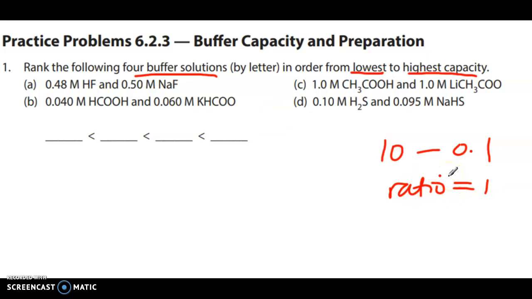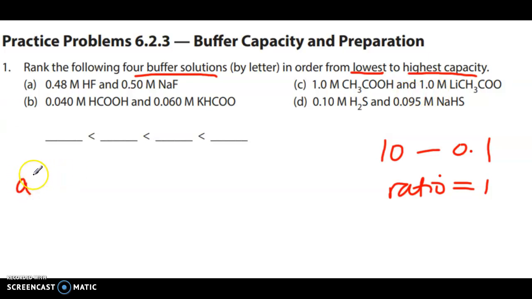In a perfect scenario, the best buffer you can have is when you have equal quantities of the reactant and product, so your acid and your base value. So what we have to do here is determine what the ratio would be for each of these 4 and then rank them based on that.